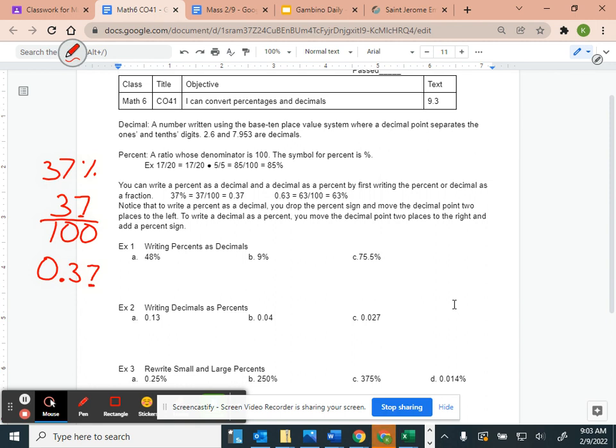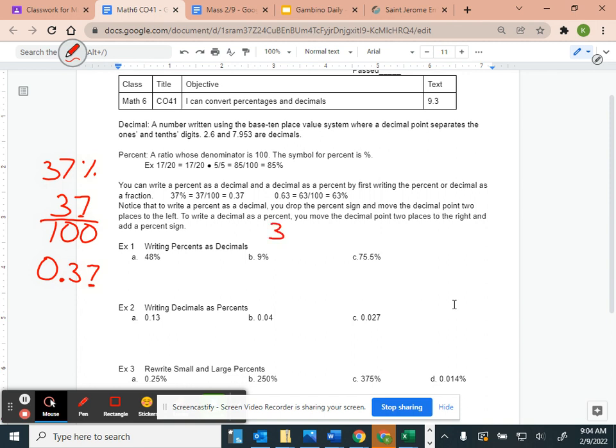Notice that to write a percent as a decimal, you drop the percent sign and move the decimal point 2 places to the left. To write a decimal as a percent, you move the decimal point 2 places to the right and add a percent sign.